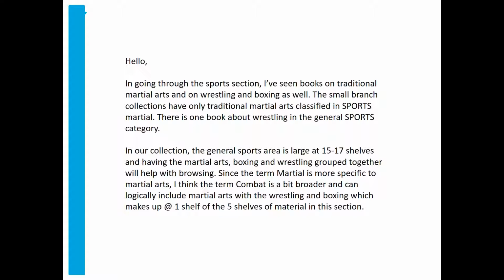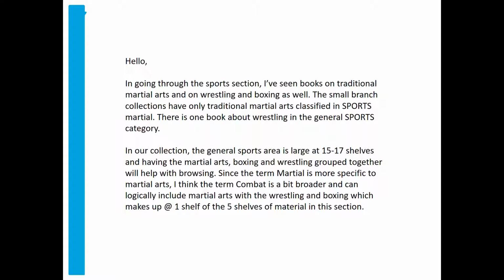But when we got to the large locations, we have a much larger and broader collection, and we wanted to collect more types of combat sports, and combat was the term that I landed on as a possibility.